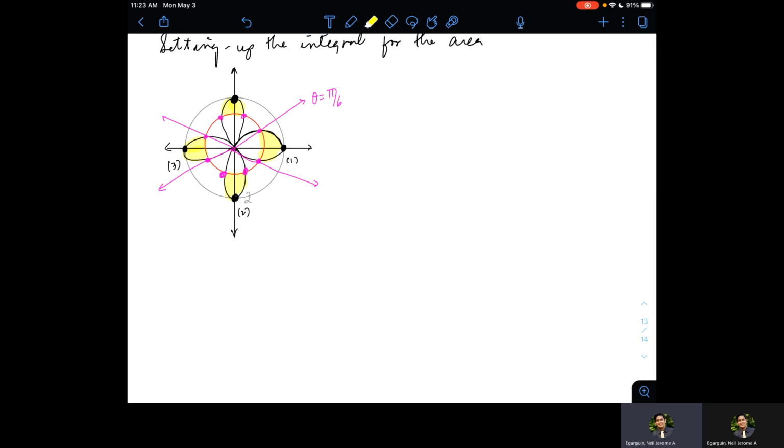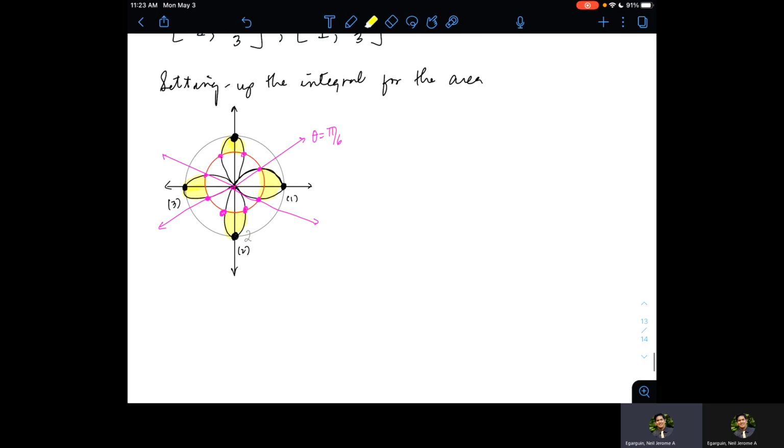Had my picture been more symmetric or more accurate, then the petals would be symmetric to each other. So instead of setting up an integral for each of the petals, I could just compute the area of, say, one of these 4, just say this one, and multiply my answer by 4 because I know that the petals of the rose are symmetric.